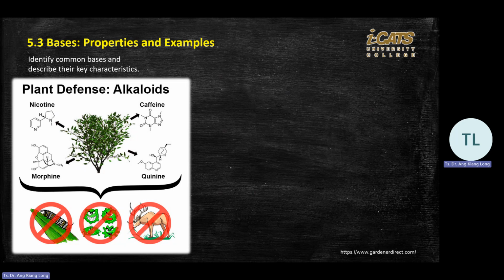Base means alkaline. So plants, how do they defend themselves? They use alkali to defend themselves. Because if you use acid, acid will corrode or destroy the protein cell and all this. So cannot. So plants will use the other side, which is alkaline or base.